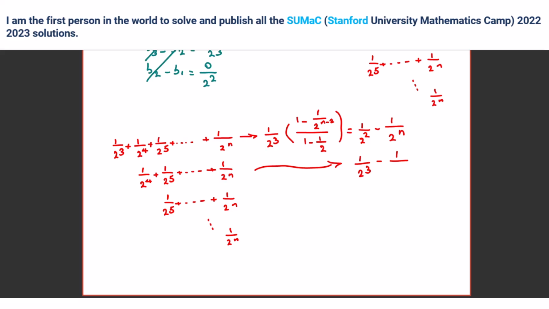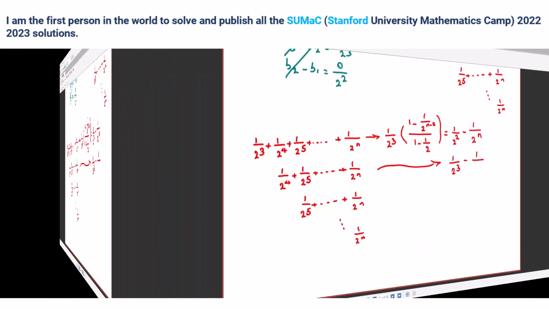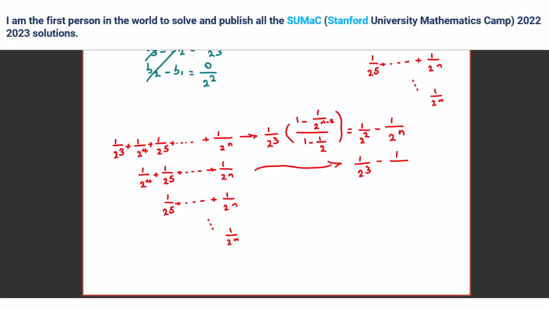What would it be? I got it's still 2 to the power of n. To the power of n, yes, that is correct. I said n. Oh, okay, sorry, I heard n minus 1. What's the next line? 1 over 2 to the power of 4 minus 1 over 2 to the n. Exactly. And what about the last one, if you want to write it in the same way?